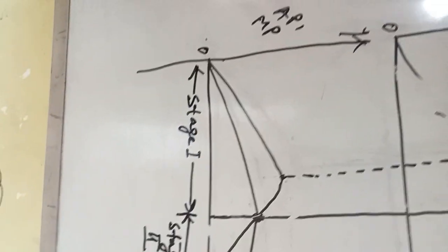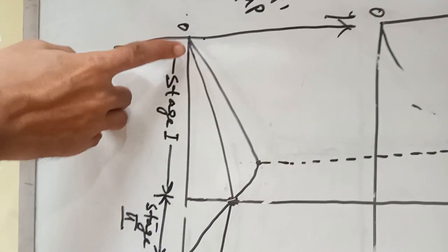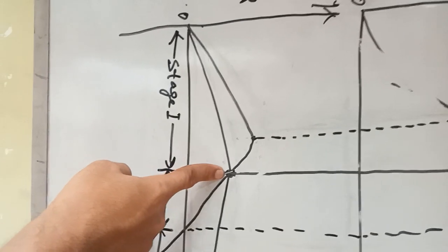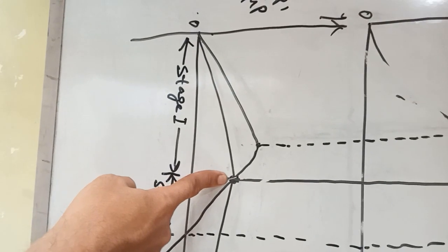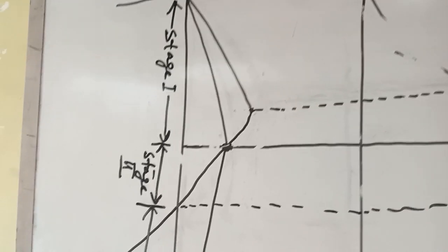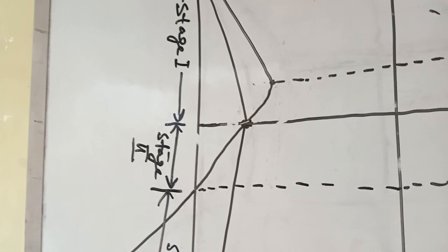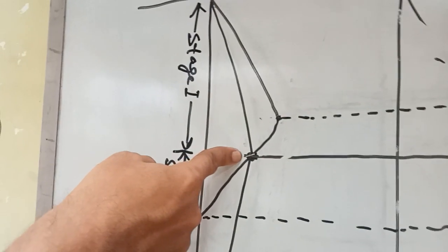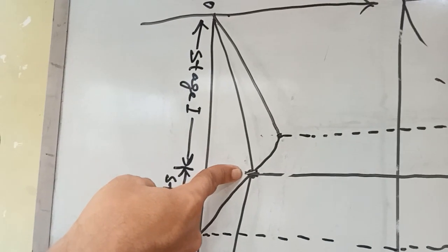Thus, initially AP rises and reaches the maximum, and AP reaches the maximum at such a point where AP and MP are cutting each other, intersecting each other. So AP's maximum point is that point where AP and MP are cutting each other.